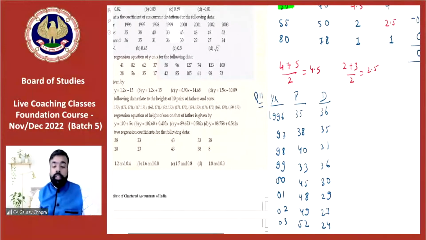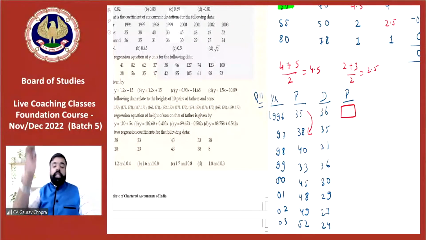Now what can be done? We can find out the change. So from 35 to 38, what is the change? There is increase in price. By how much is this increase? We don't require that. We simply require change is in which direction, increasing or decreasing. So first box will remain blank because we cannot compare 35 with any other values. So in front of 38 we can write plus.